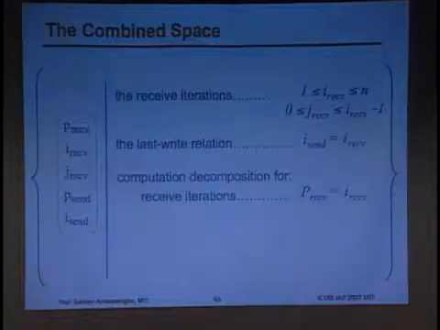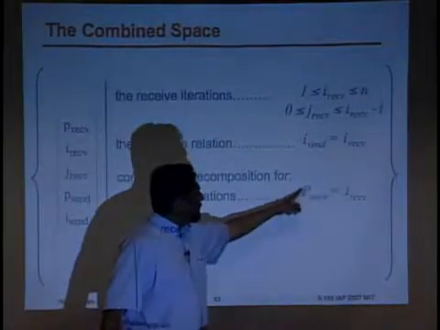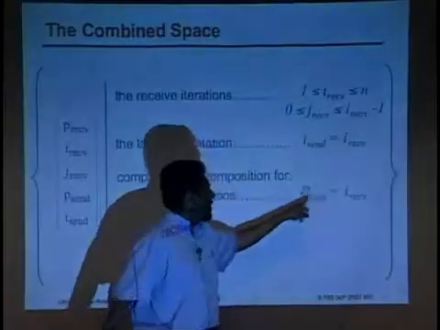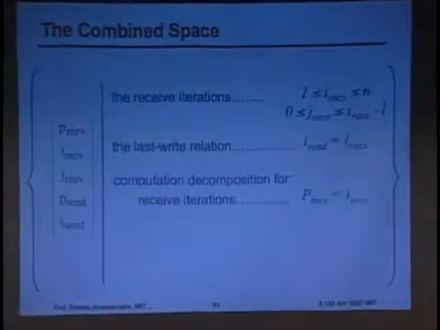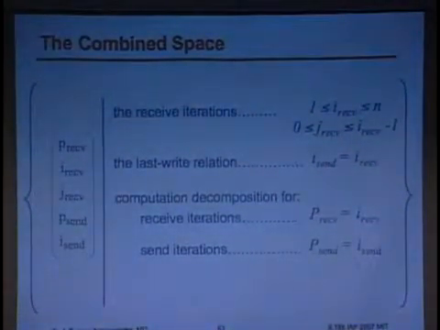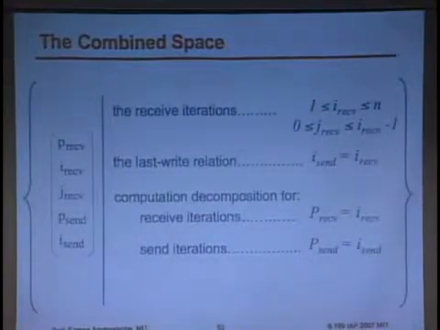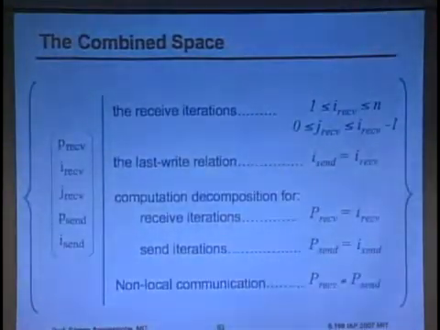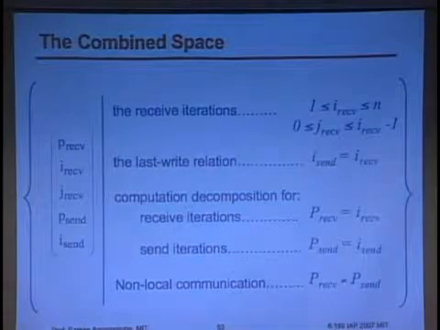And what you have is the parallel processors. The I iterations are parallel. So the receive processor is running iteration I, and the send iterations are the same processor, because we want to parallelize that loop basically, with each iteration assigned to each processor. And of course, you want to make sure the processor communication is non-local. If it is local, I don't have to do communication.